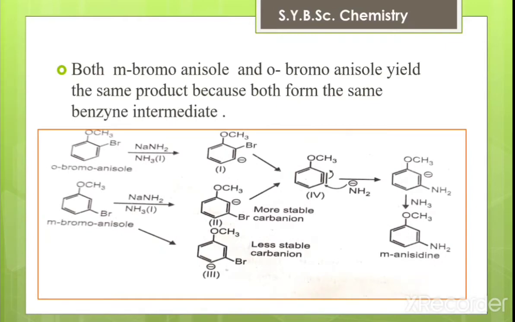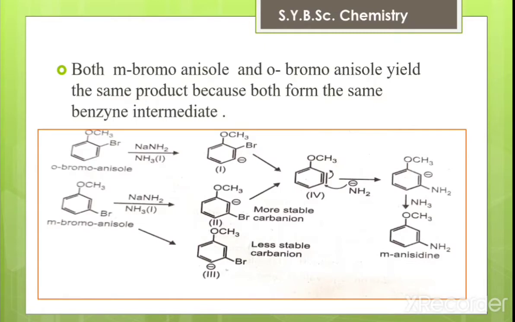That means both meta-bromoanisole and ortho-bromoanisole yield the same product because both form the same benzyne intermediate. The ortho isomer forms the benzyne, as shown below, by abstracting the adjacent hydrogen.